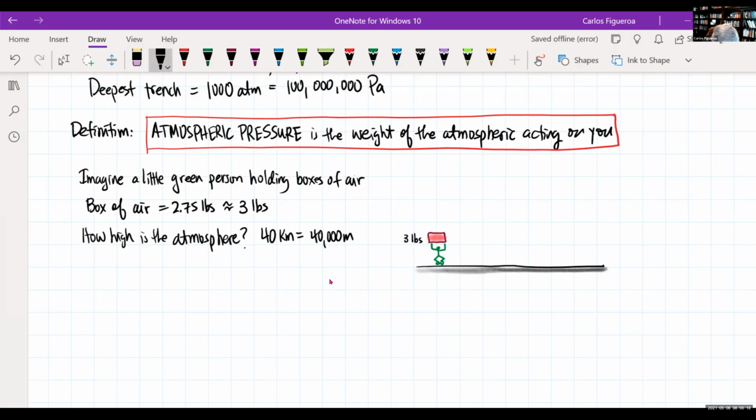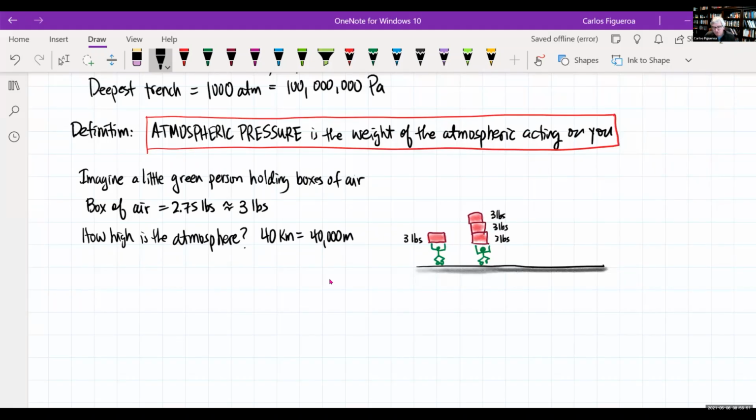So you could imagine that now I have a situation, what do we do next? We go in here with our little guy, and what we're doing here is that now we're stacking more boxes. And as I stack more boxes, you could see that every time I stack a box, I'm really adding 3 pounds.